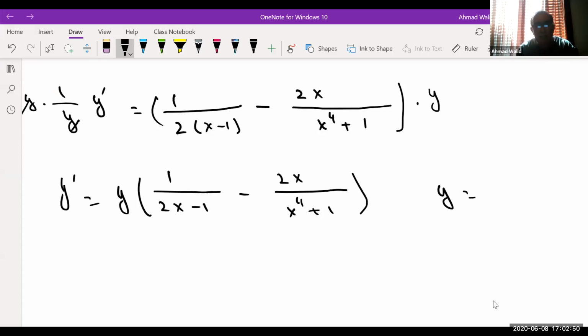Your y is actually the given problem. Your y was the square root of x minus 1 over x to the power of 4 plus 1. Just bring this value here.